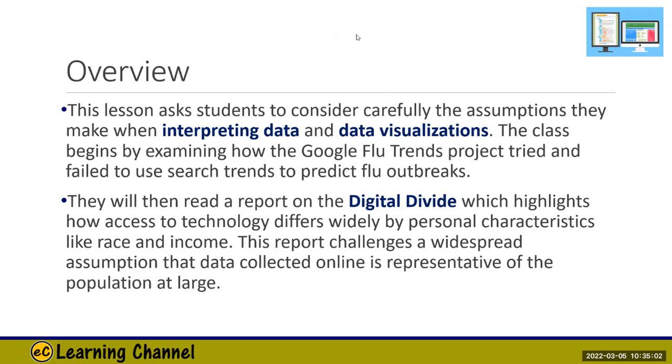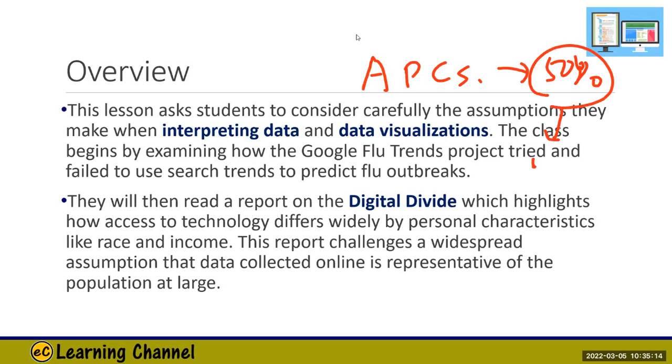So this year, AP Computer Science courses just passed 50% of U.S. high schools. This year, 2022, is the first year to pass 50%.